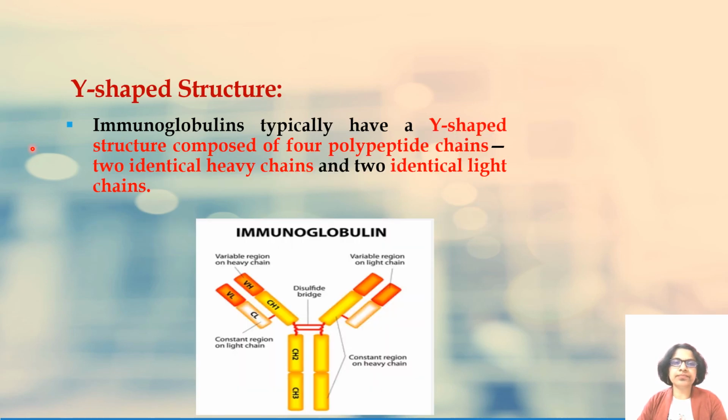Coming to the structure of the immunoglobulin, it looks like a Y structure. Immunoglobulins have a Y-shaped structure composed of 4 polypeptide chains. How many? There are 4 polypeptide chains: 2 identical heavy chains and 2 identical light chains.